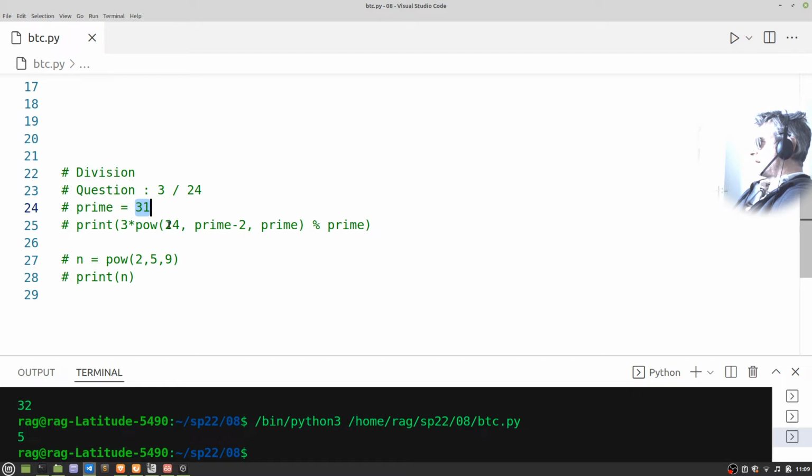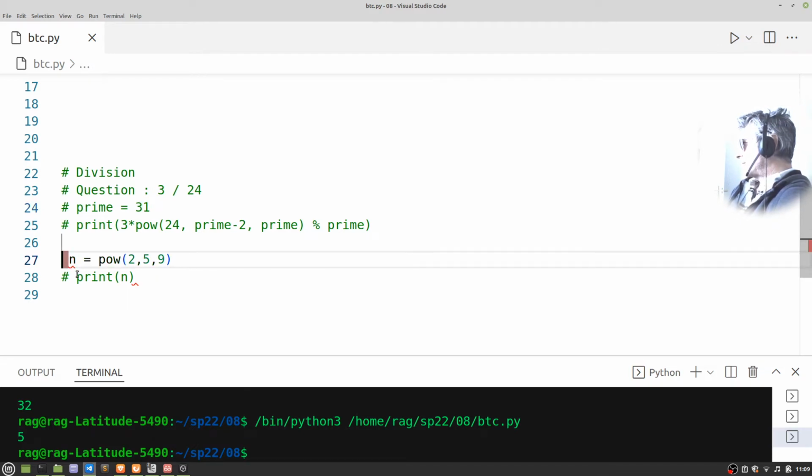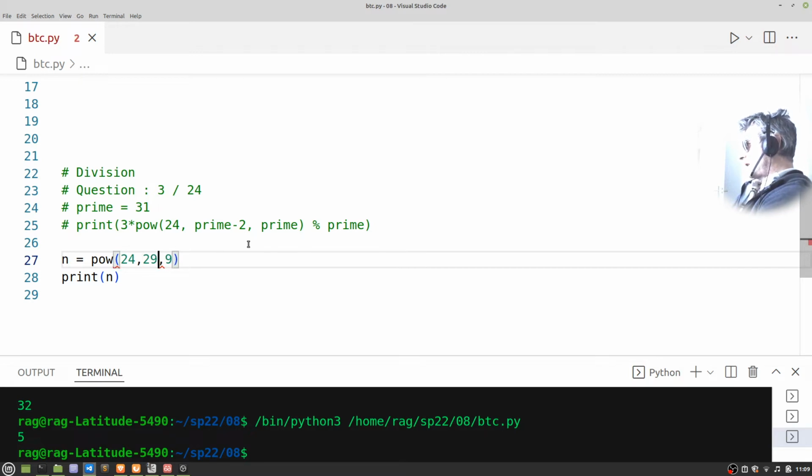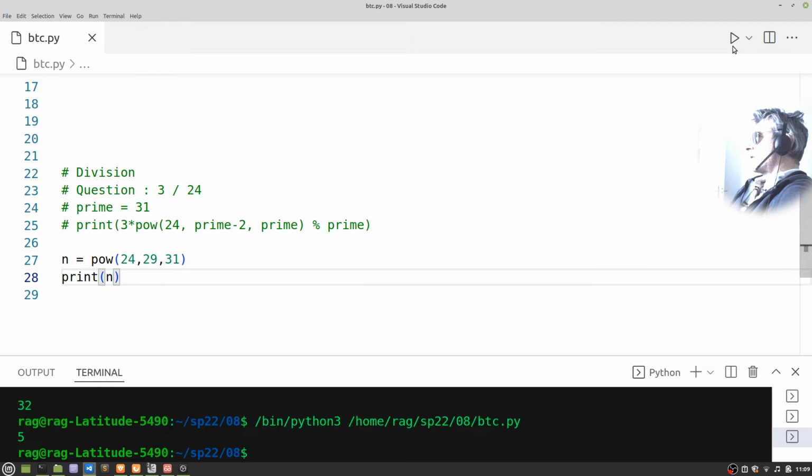So actually it's going to be 24 to the power of 29. Let's actually do that then. If we do 24 to the power of 29, and then the prime, which we know is 31. So that should give us 30.